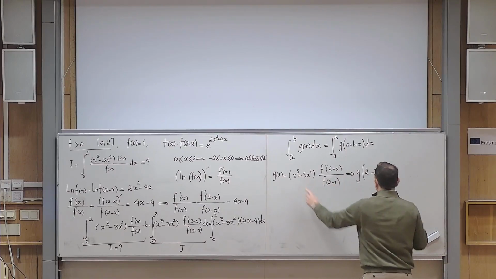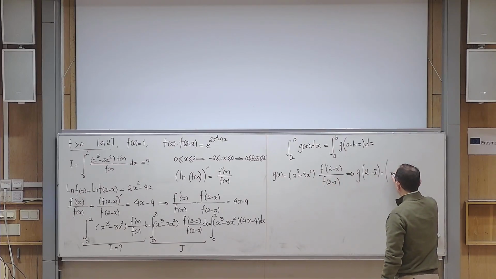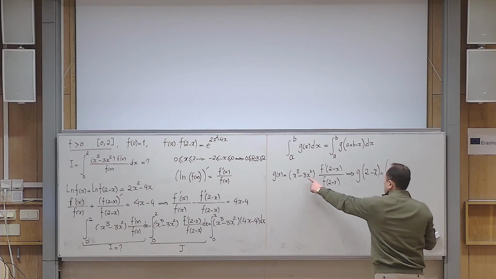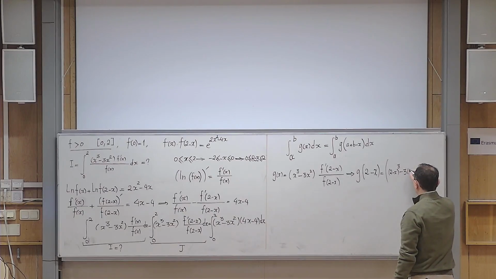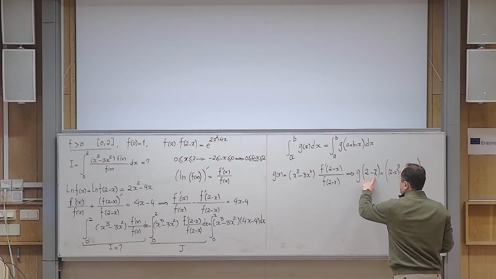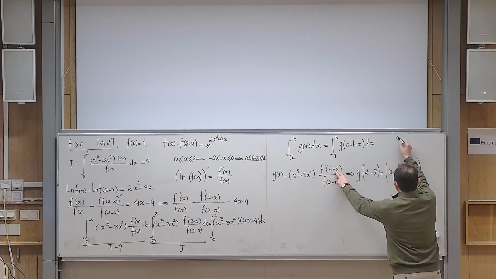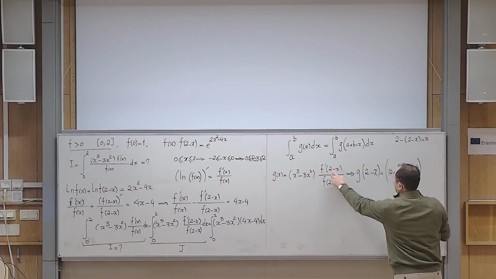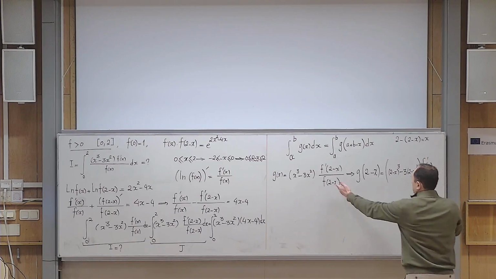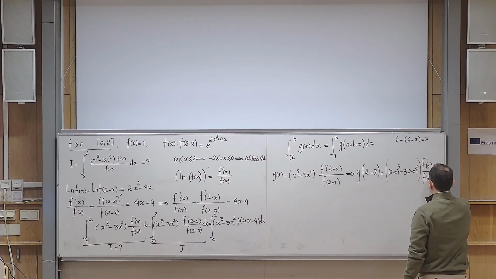So instead of this x, I have to put 2 minus x cubed, minus 3 times, instead of this x, 2 minus x squared, and then instead of this x, I put 2 minus x, but what happens? It is 2 minus (2 minus x), which is simply x. So this becomes f prime of x divided by, for the same reason, f of x.